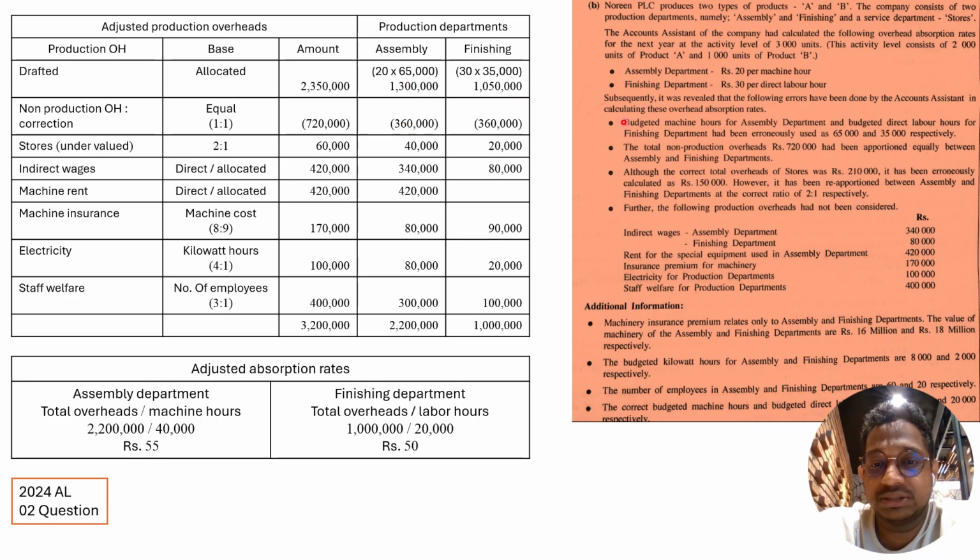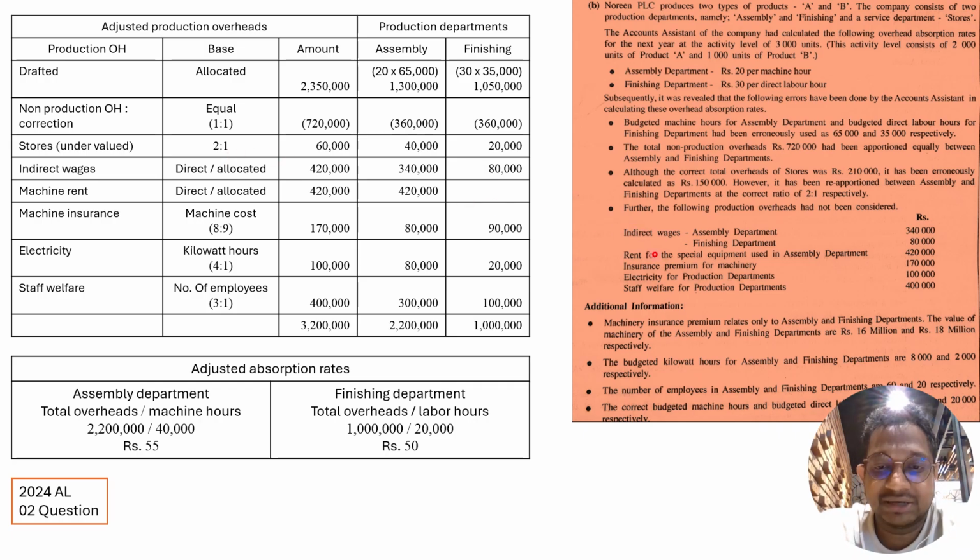And then stores, the correct value is 210,000, but what they redistributed among assembly and finishing is 150,000. They undervalued the stores department's production overhead. So the difference of that, you have to again distribute to the assembly and finishing departments in a 2:1 ratio, right?